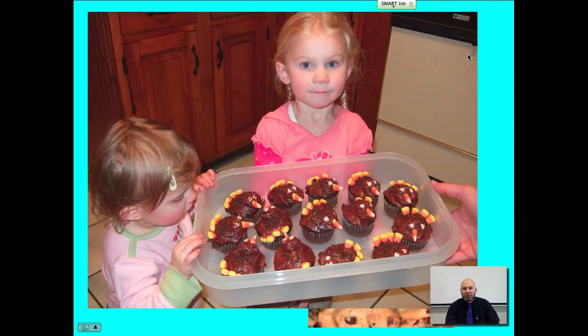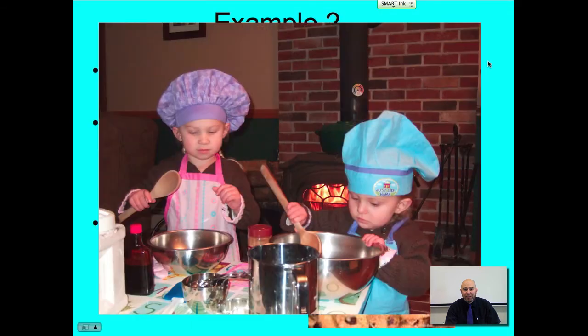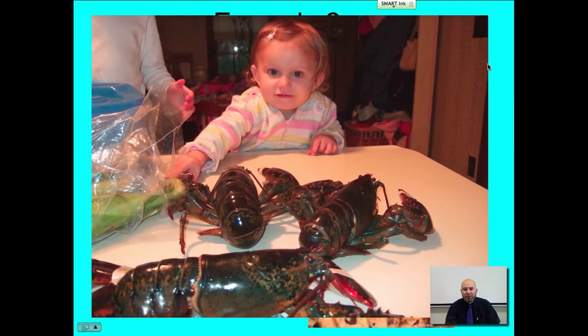Oh, I put a few pictures here. I was kind of in the mood to throw a few pictures. Here's a couple of the daughters, probably 4 years ago. The 2 girls, they were doing some cooking in the living room. They love to cook. Oh, there's Quinn, very young, probably a little over 1, with some lobster.